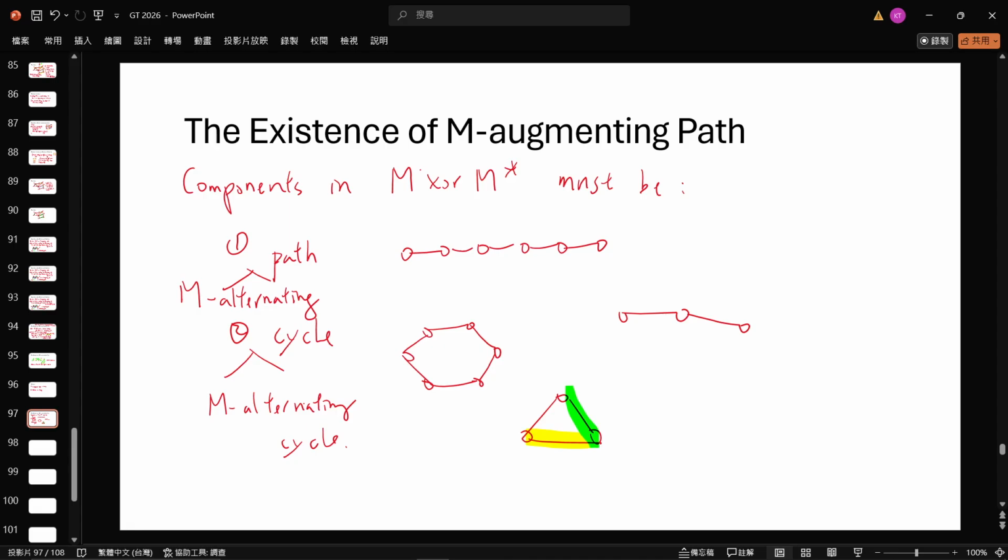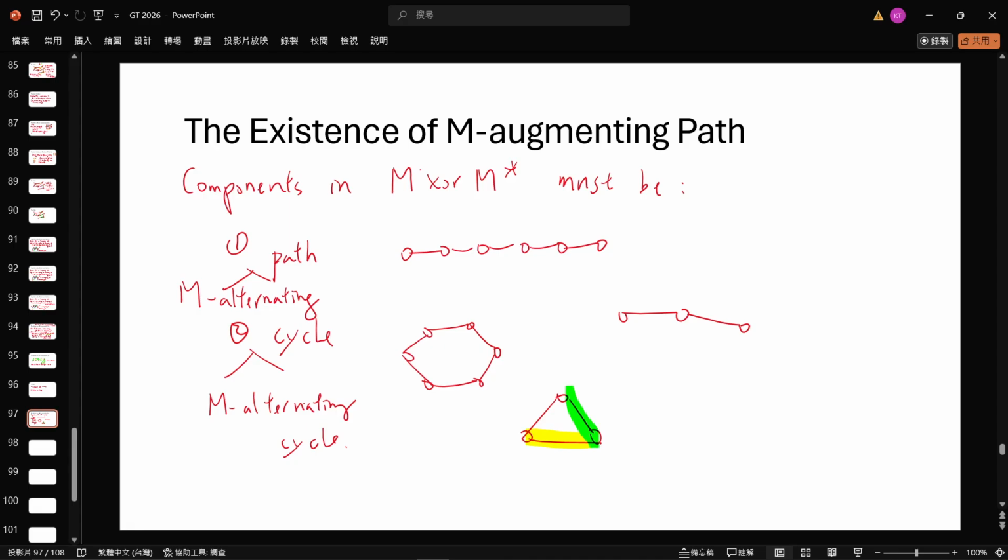Why is this not possible? Sorry. Aha, if you choose yellow, it is also not alternating. Exactly. So if the length of the cycle is an odd number, then it cannot be an M alternating cycle.